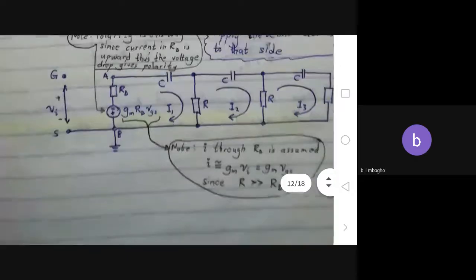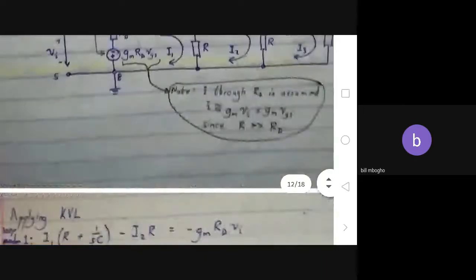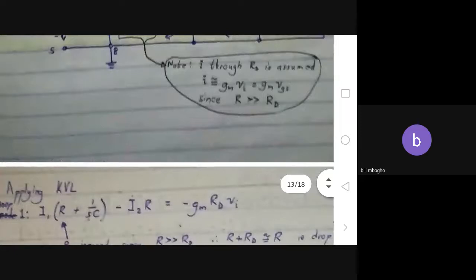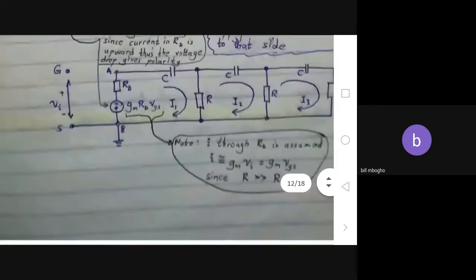Also, I2 is considered in calculating loop 1. So that's minus I2R, and it's minus because I2 and I1 through R are pointing in different directions. Then you equate all of that to the voltage source, which is negative again because of the direction. It's not the one pushing I1. If the voltage source were to push a current, it would push it in the opposite direction to I1. That's why it's negative.